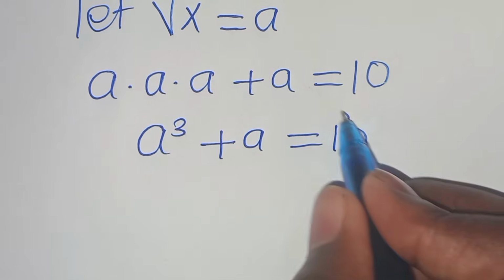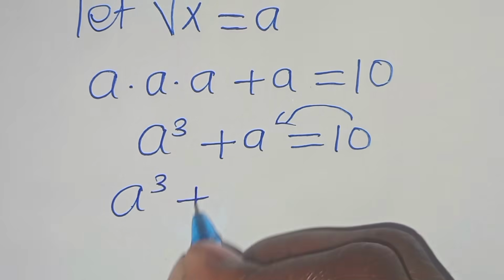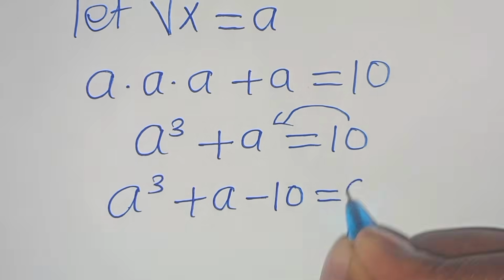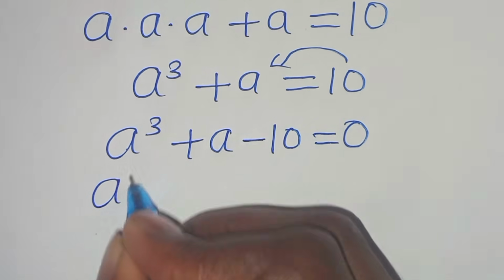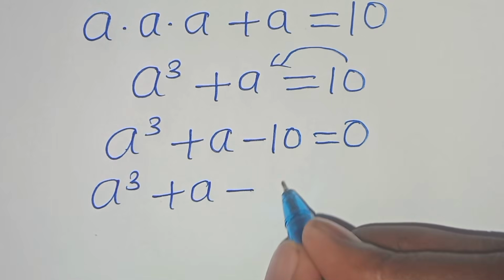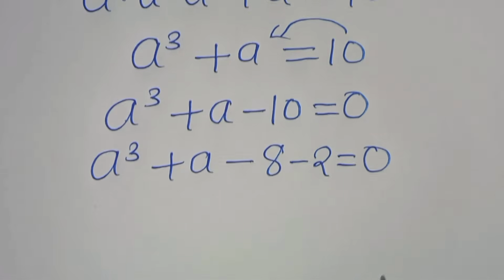So let's take 10 to the left hand side, so that we have a to the power of 3 plus a, subtract 10, equal to 0. Now, this is a to the power of 3 plus a minus 10, which is minus 8, minus 2, equal to 0.